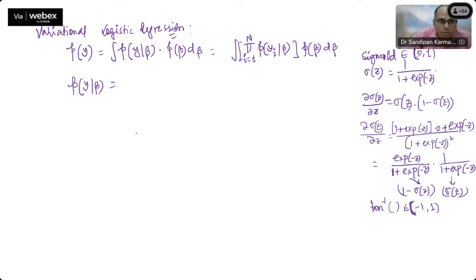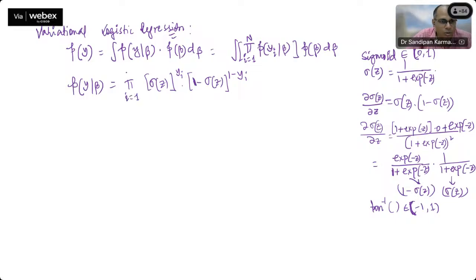So P of y given beta is actually the product of sigmoid z to the power yi, multiplied by 1 minus sigmoid z to the power 1 minus yi. So this is also another very interesting interpretation.